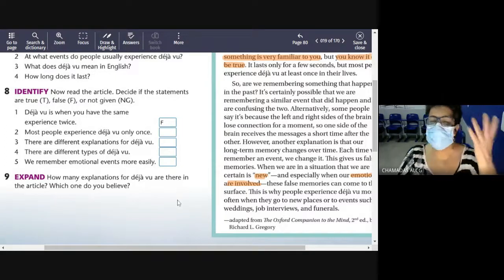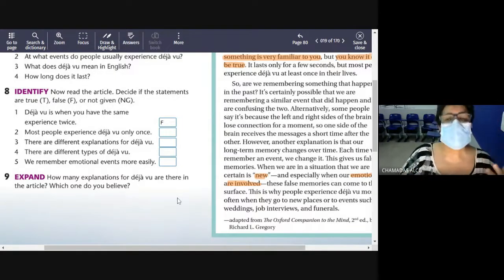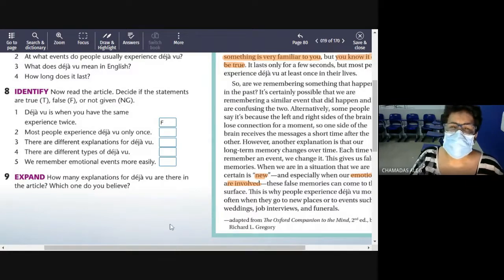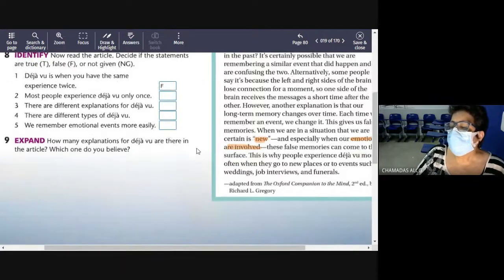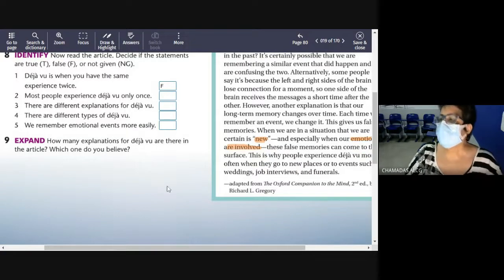No, it's when you think you have had this experience before, but not necessarily lived it, right? So it's a kind of memory. Okay. Now, try to do numbers 2 to 5, and then we correct.